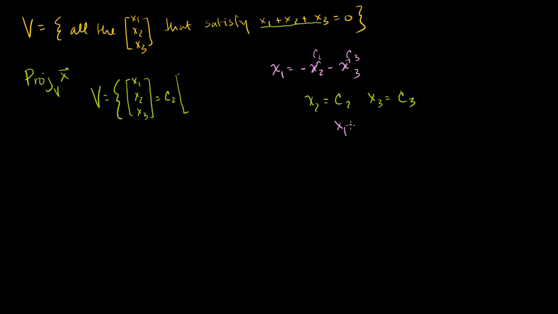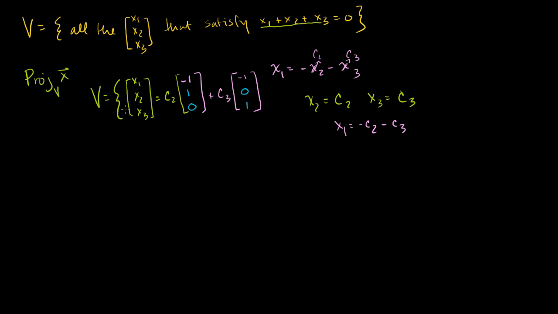So x1 is equal to minus c2 minus c3. That is minus 1 times c2 plus c3 times minus 1. And x2 is just equal to c2, so it's 1 times c2 plus 0 times c3. x3 is just equal to c3, so it's 0 times c2 plus 1 times c3.